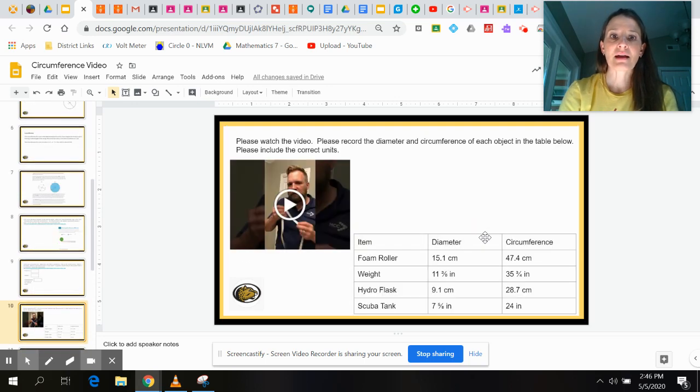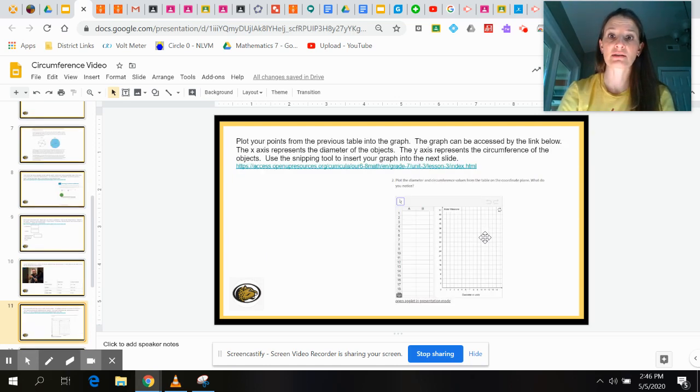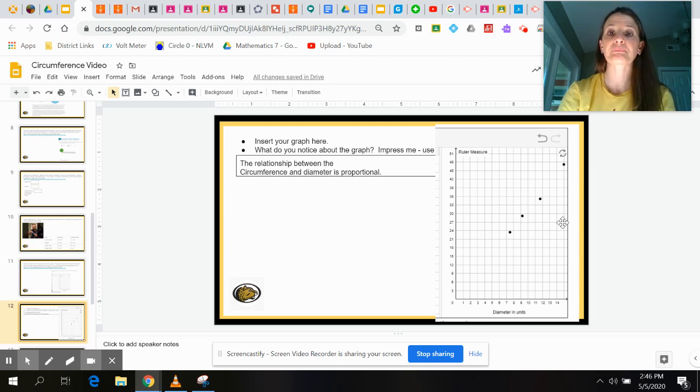So yesterday I asked you guys to make a chart of the diameter and circumference of 4 different objects. Then I asked you to plot those points on a graph and tell me what you noticed about those points. And a lot of you came up with really great observations that this relationship between the circumference and diameter was proportional, and it is proportional.